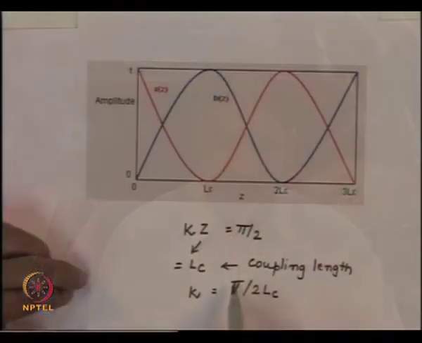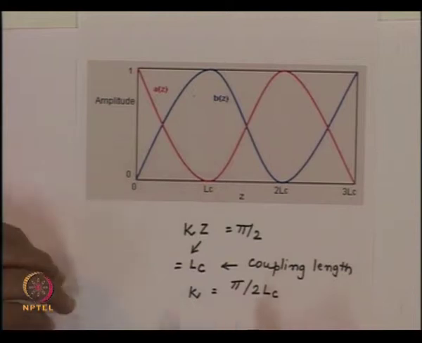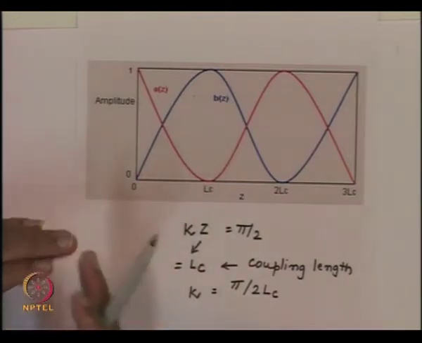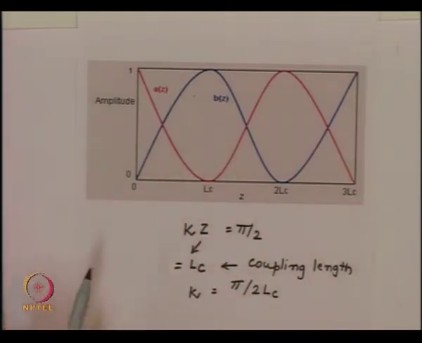But the important thing to note is that no matter how small the coupling coefficient is, if the waveguides are permitted to interact with each other, there will always be a length over which the entire power will get shifted to the second waveguide. So the characteristic parameter for the directional coupler is the coupling length, and that is the length where the power completely shifts from one waveguide to the second waveguide.